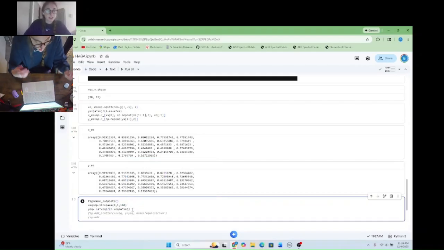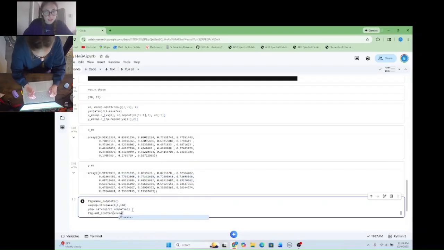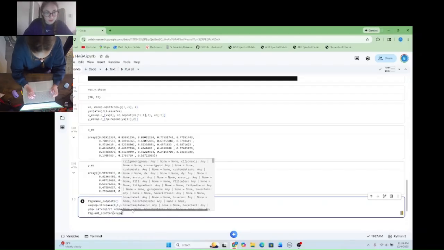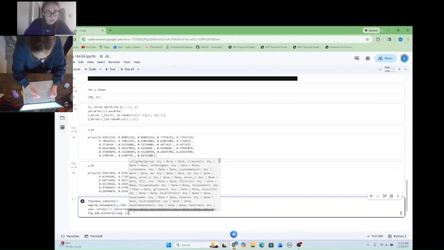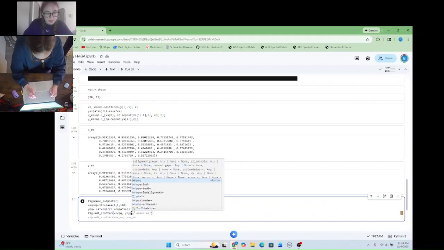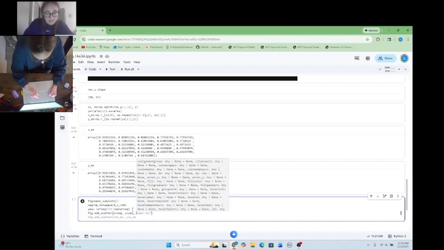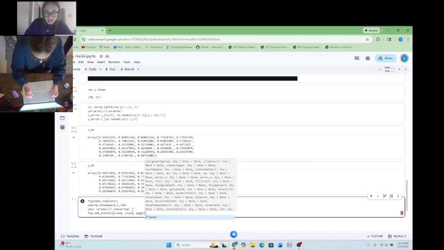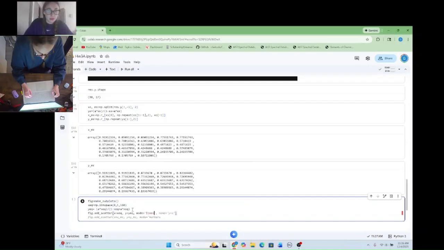Okay, and then after this, now we can do our figures. So fig dot add underscore scatter, x is equal to x equilibrium, y is equal to y equilibrium, and then mode is going to be lines, because this is an equilibrium line or equilibrium curve.